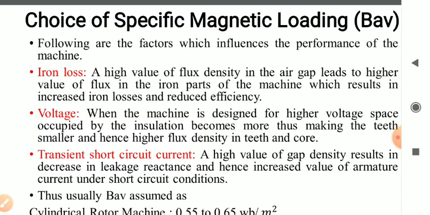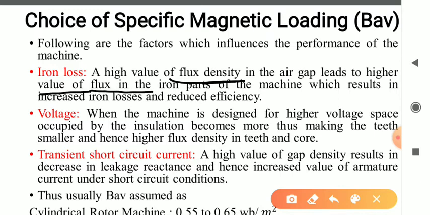Now the specific magnetic loading influences three factors: iron loss, voltage, and the short circuit current. A higher value of the specific magnetic loading means a higher value of the flux density, and a higher value of the flux density is nothing but a higher value of the flux in the iron parts, which increases the iron loss like the hysteresis and eddy current loss and affects the efficiency.